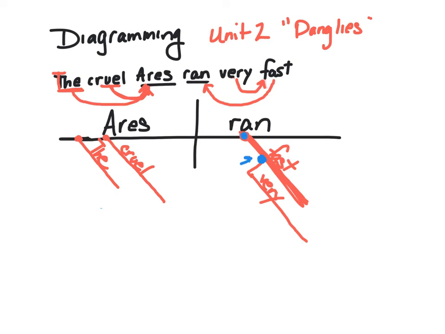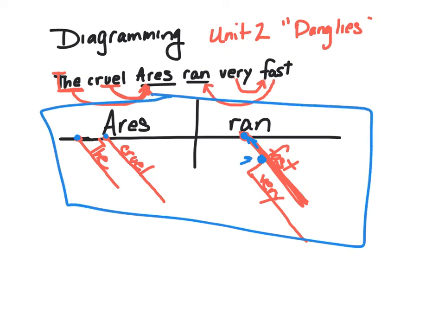This connection tells you that these two words are related. These connections tell you these words are related to Aries. And now, in this diagram, all the words tell you what relationships they have with other words in the sentence. So that's the goal for Unit 2 Danglies.